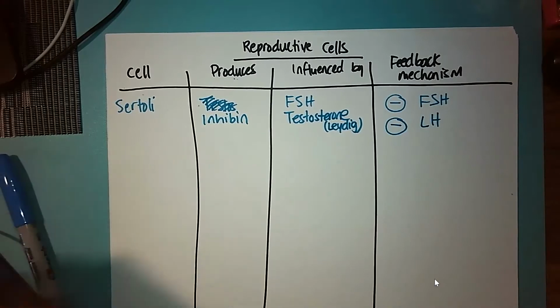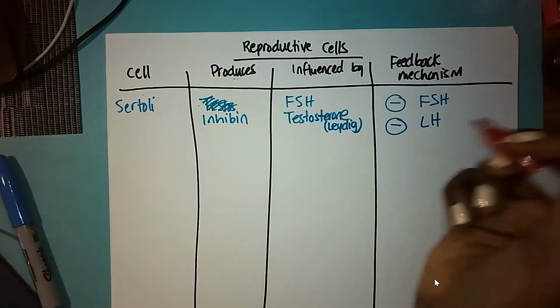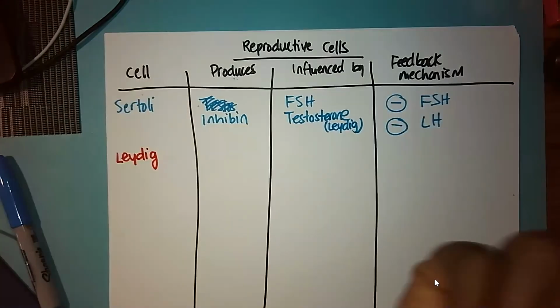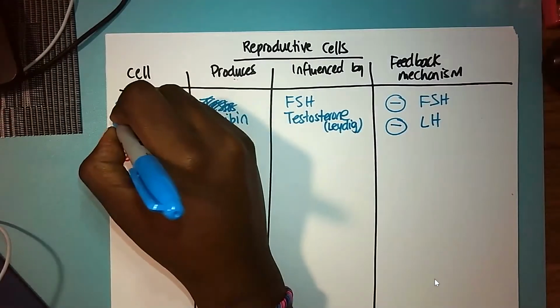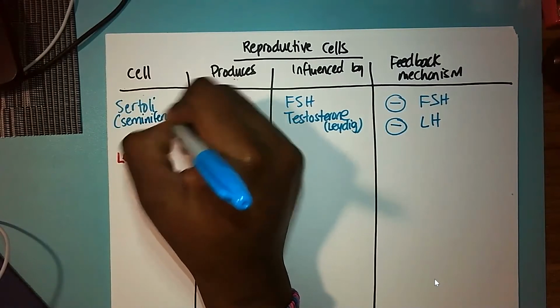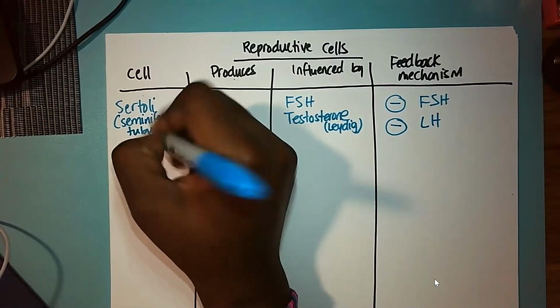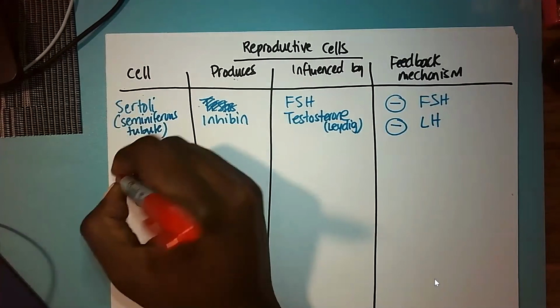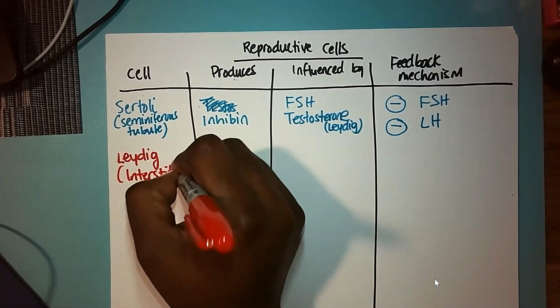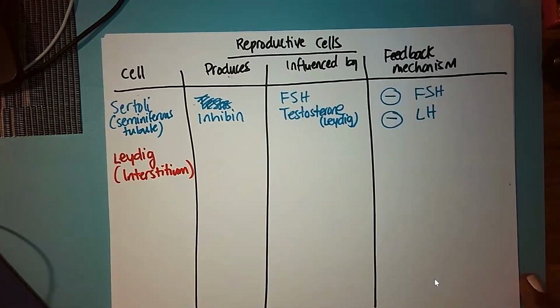Okay. Let's look at the Leydig cell. Also mentioned here, this is the cell in the seminiferous tubule, whereas this is the cell in the interstitium. Right, so it's off in the periphery.